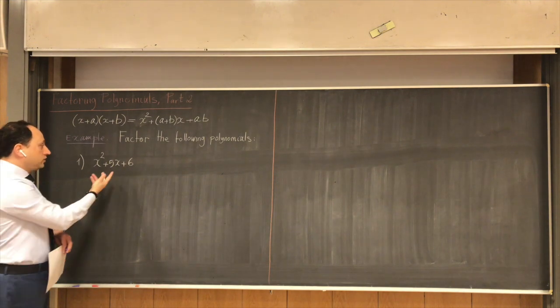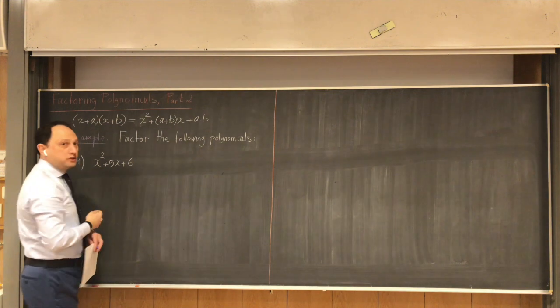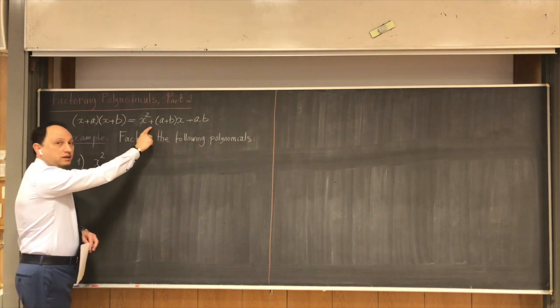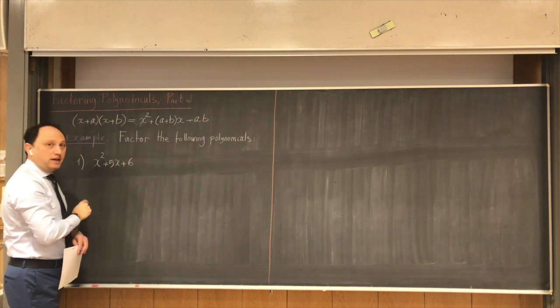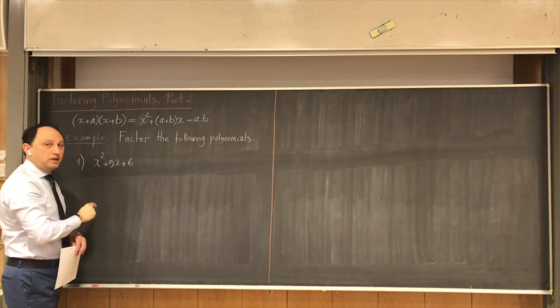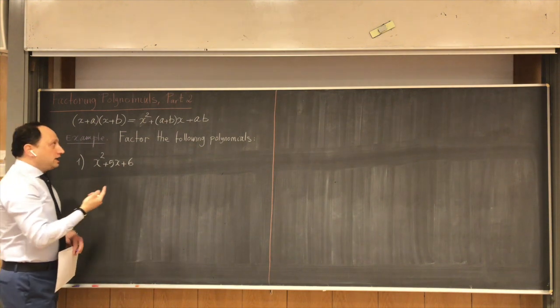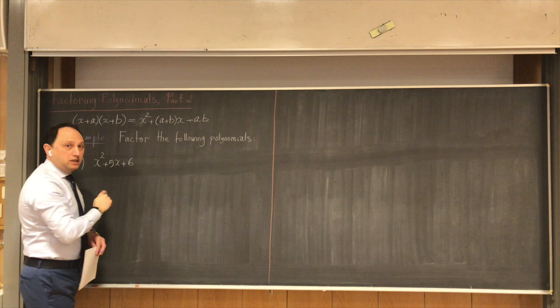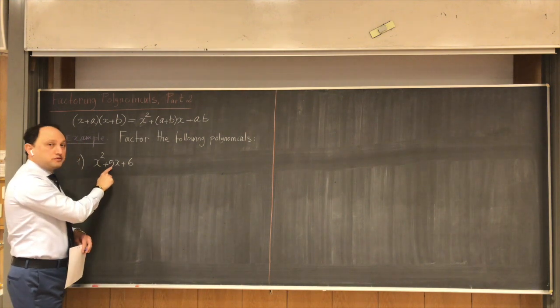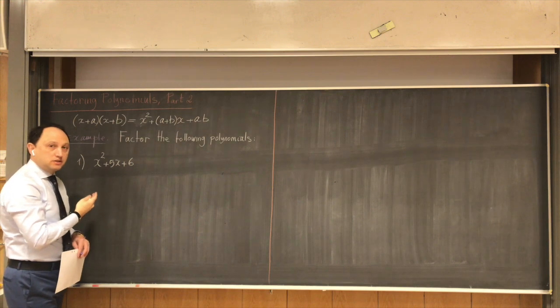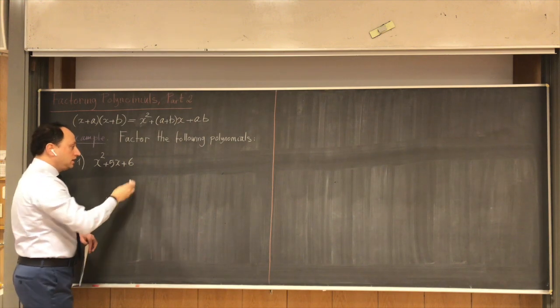If you compare this with this expression, x squared is exactly x squared, but instead of (a plus b) times x, I have 5x, and instead of ab, I have simply 6. Can you guess two numbers a and b such that the sum becomes 5 and the product becomes 6? If you can guess, then it's very simple.